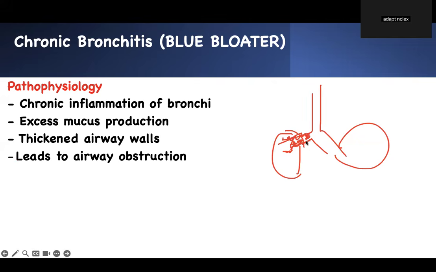Inflammation leading to mucus production. The mucus production blocks the airway as a result of fibrosis. We don't have to know details about which cells are involved, but just know that inflammation, mucus production, thickening of the airway, that means fibrosis of the airway, leading to obstruction.